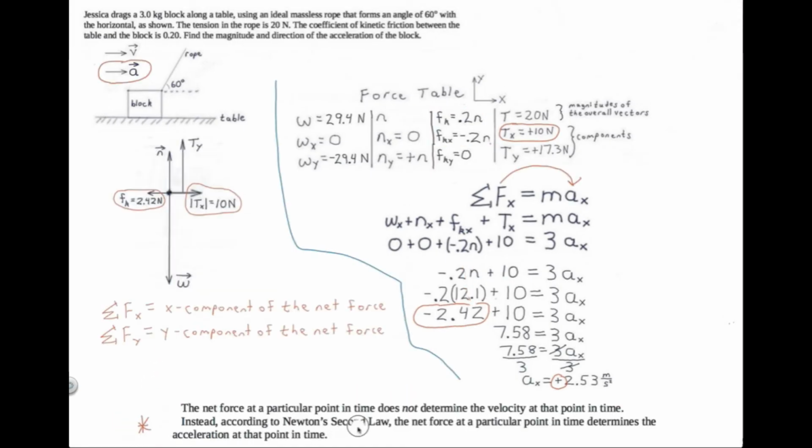According to Newton's second law, the net force at a particular point in time determines the acceleration at that point in time. Since the net force on the block is to the right, the acceleration will be to the right, as I've drawn here. And right is our positive x direction. So yes, it does make sense that our result for a sub x is positive.